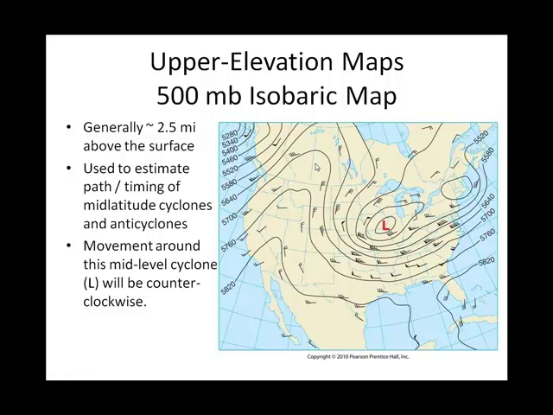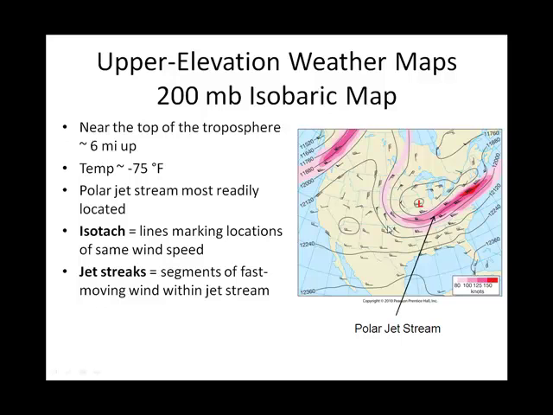So a 500 millibar isobaric map would be stepping it up, going up a layer in the Earth's atmosphere. Here this is at the same time, and it's showing you again the influence of that surface low pressure there.